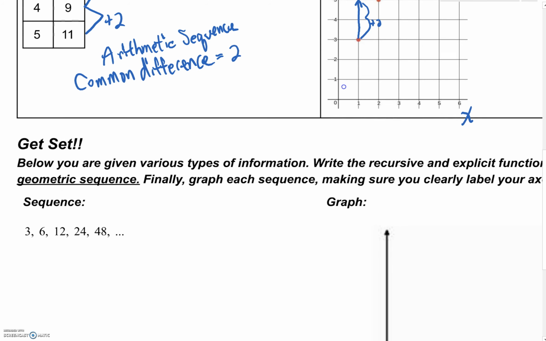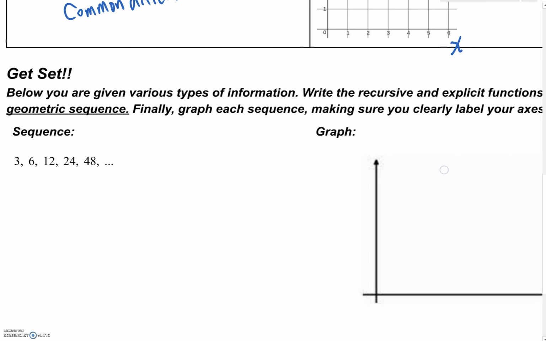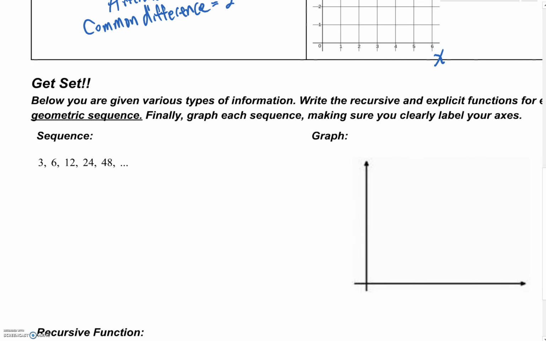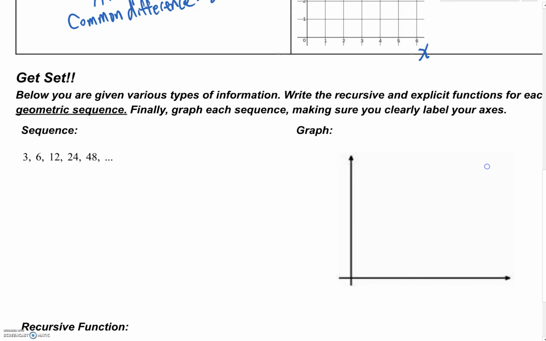Let's take a look at this next problem right here. It says, below you're given various types of information. Write the recursive and the explicit functions for each geometric sequence. For a geometric sequence, I hope you remember from class that you're not adding a constant to go from term to term.